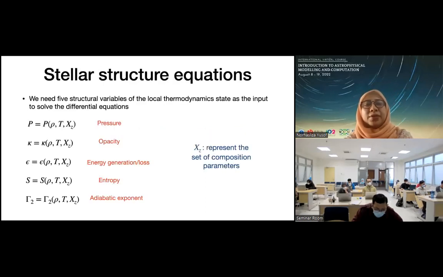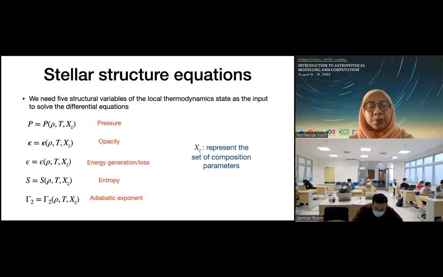All right. When we speak about the stellar structure equations, another thing we need as input is the structural variables at the local thermodynamic state, as stated here. We need our pressure again. Even though in our equations we also calculate the pressure, here we have to initially put in the pressure for the particular star, especially at the boundary condition.